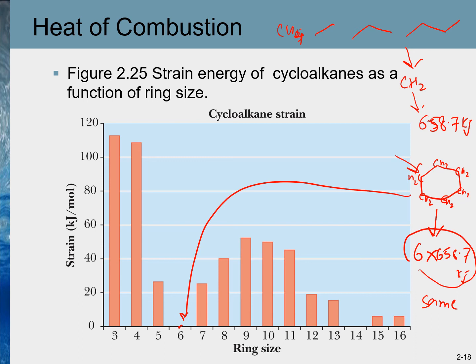That extra amount of energy which was released is attributed to the strain in the ring system. And as we can see, the ring systems with 3 carbon and 4 carbon possess a lot of strain. So with this calculation we can figure out the amount of strain present in any ring system. And we can see that the rings with 6 carbon or 14 carbon do not possess any strain. All other rings do possess some strain energy.